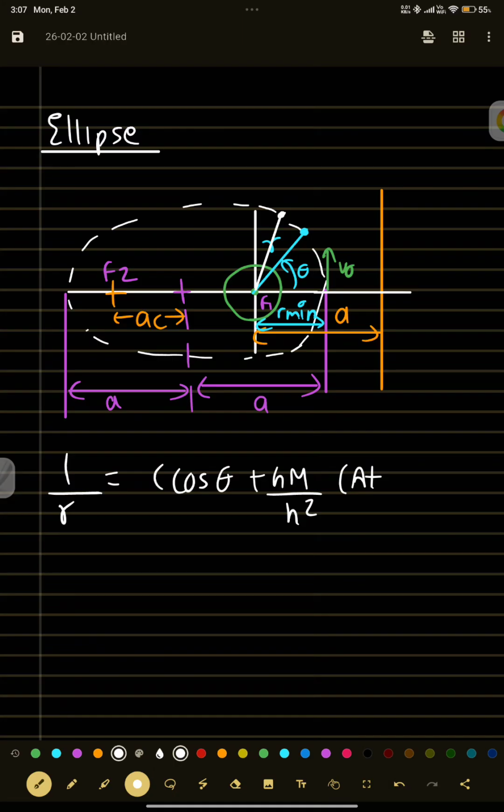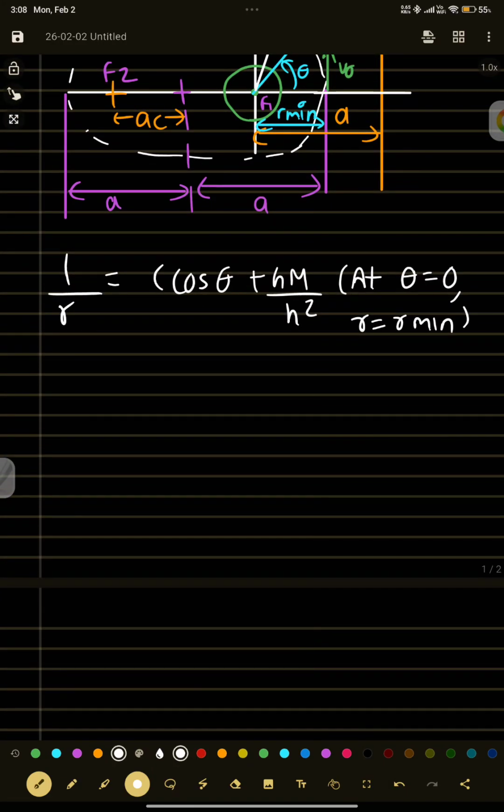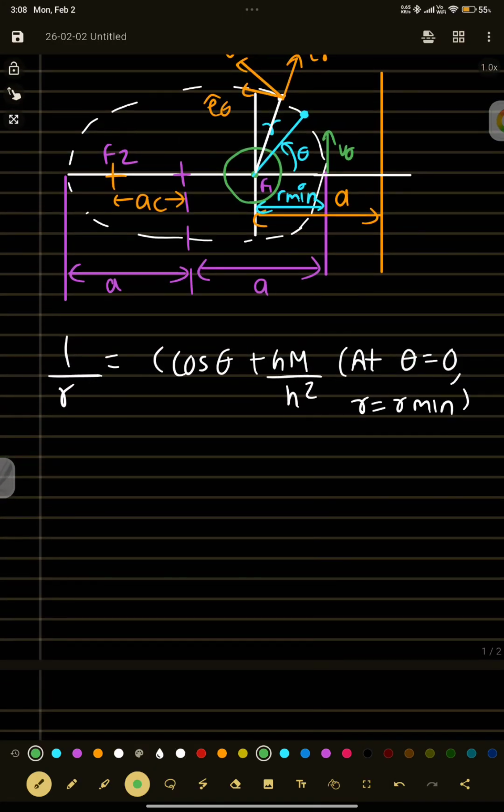So some velocity vector in general has components along e_r and along e_theta. But here you will find that it is solely along e_theta. The e_r component is 0 because it is perpendicular to that. Even at r minimum and also at r maximum, you will find that V is only along the theta direction.